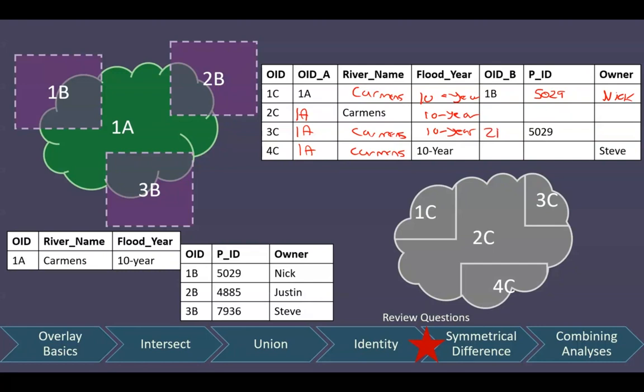So it's 2B. 5029 is already there, which actually is a typo. That should not be that. That should be 4885 and Justin. And then 4C represents 3B.